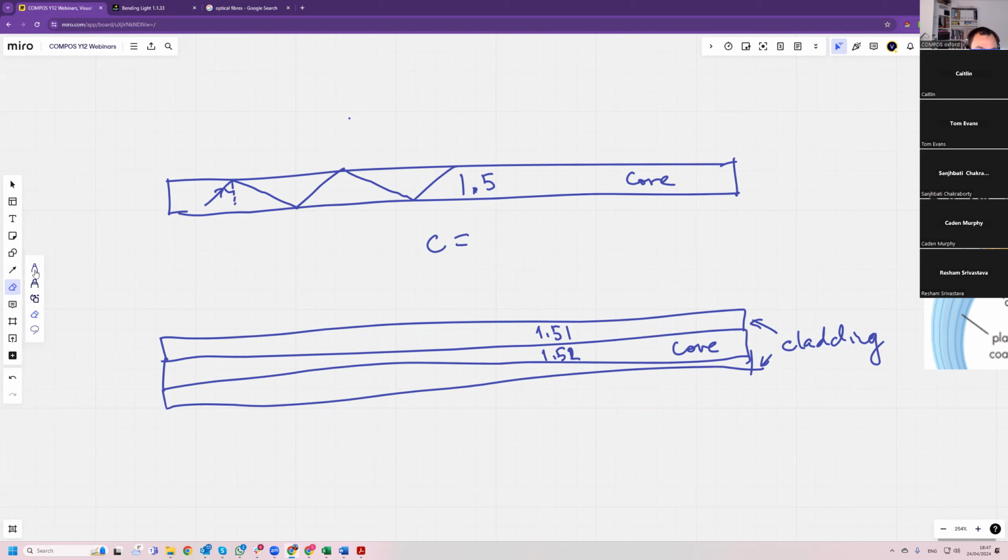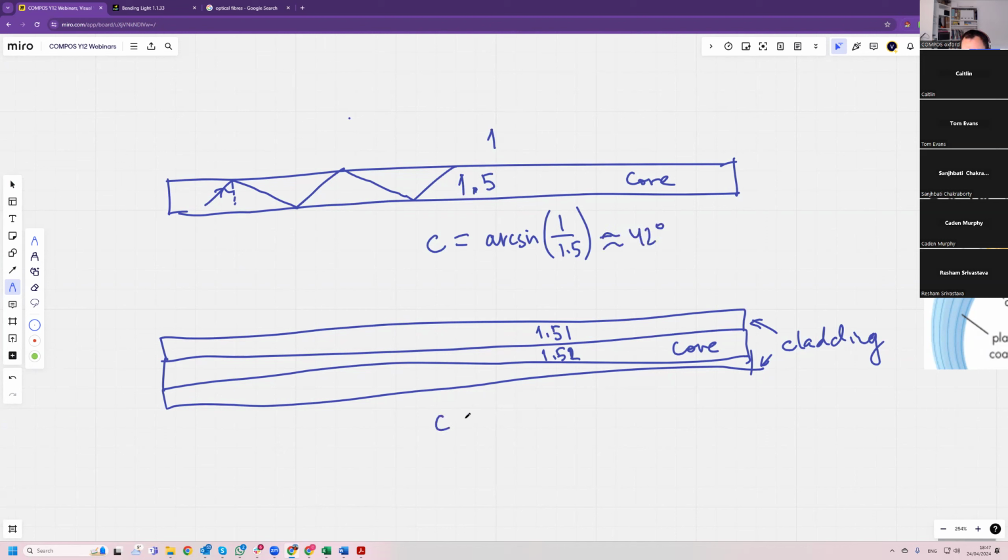42 degrees. That is arc sine of 1 over 1.5, because air is 1. This is 1.5, which is approximately 42 degrees.